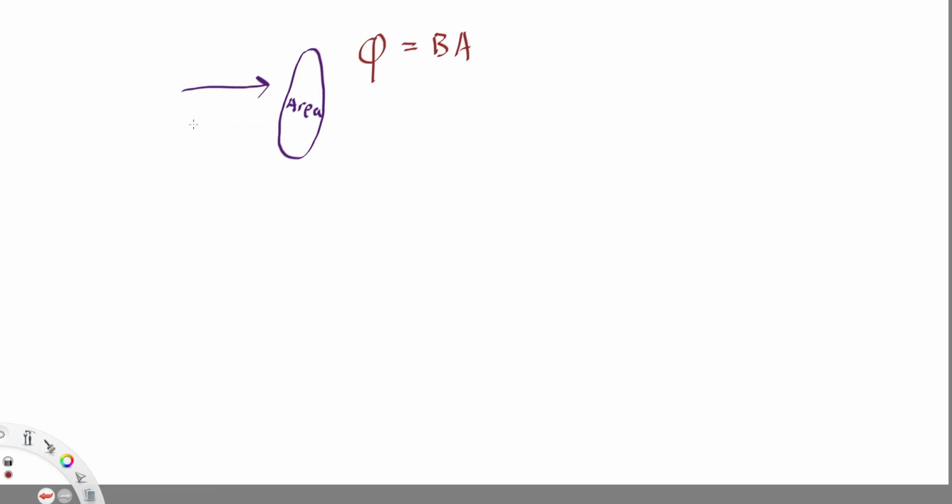But what if the B field is not so nicely oriented, right? So if we have a B field coming in like this, now we get to break out our vector skills from Gen Physics 1. A B field that's oriented like this, we can actually split up into two parts.